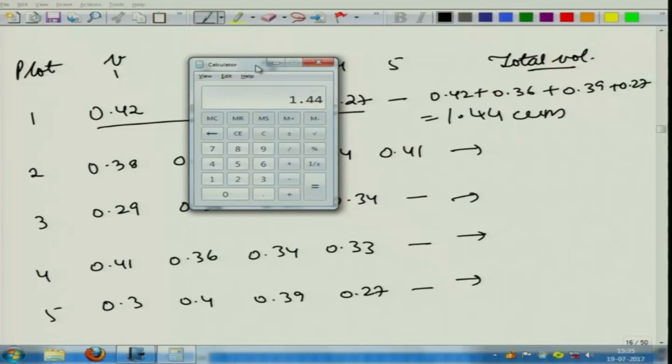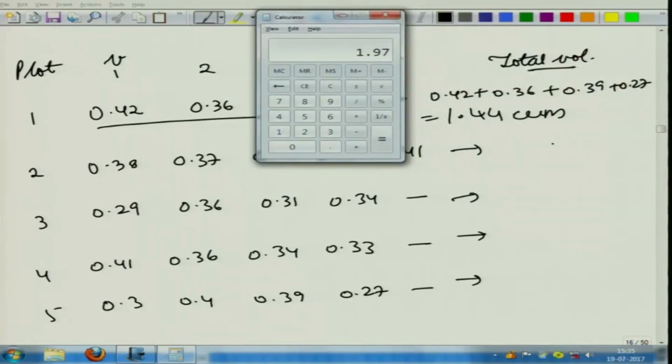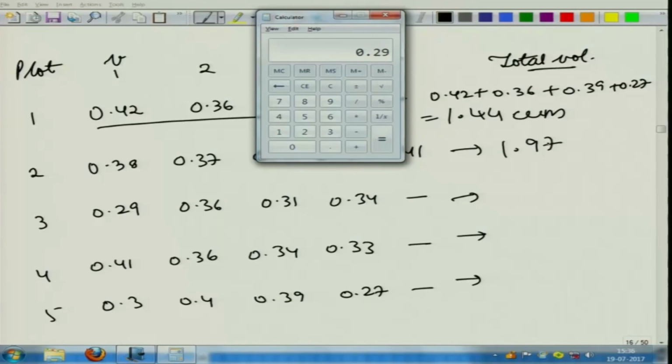In the case of the second sample plot, we have 0.38, 0.37, 0.41, 0.4 and 0.41, so we have 1.97 as the value for the second one. In the third one you have 0.29, 0.36, 0.31 and 0.34, which is 1.3.